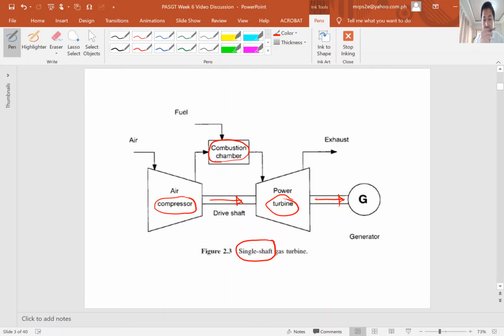From the word single, it is only one. So that is a single shaft turbine.